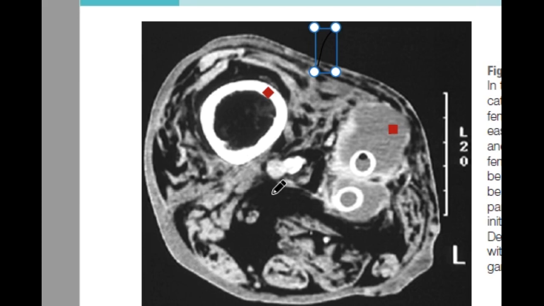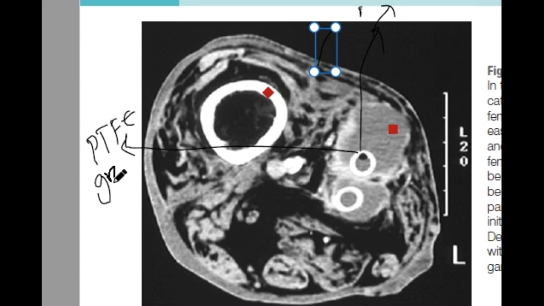So this is a picture showing a CT scan. If you see, here you can see two circular brightly appearing things, and these are femoropopliteal polytetrafluoroethylene grafts.